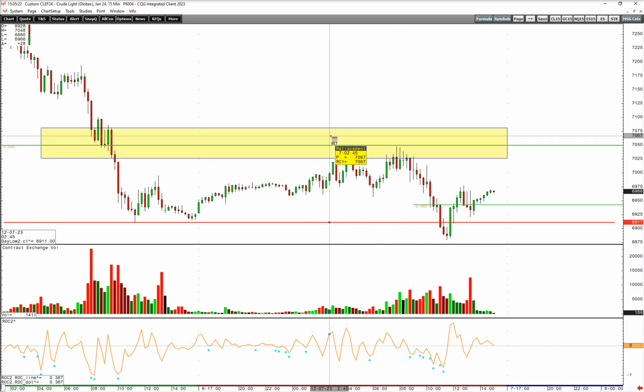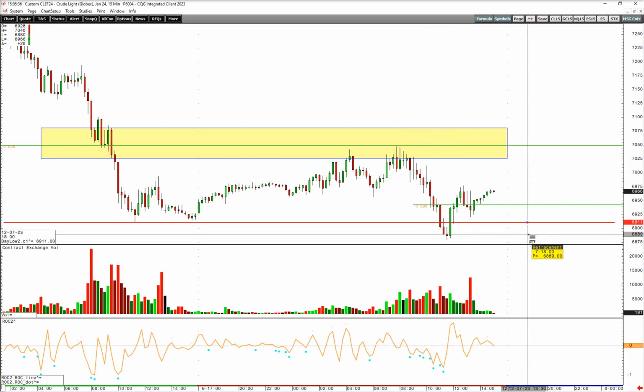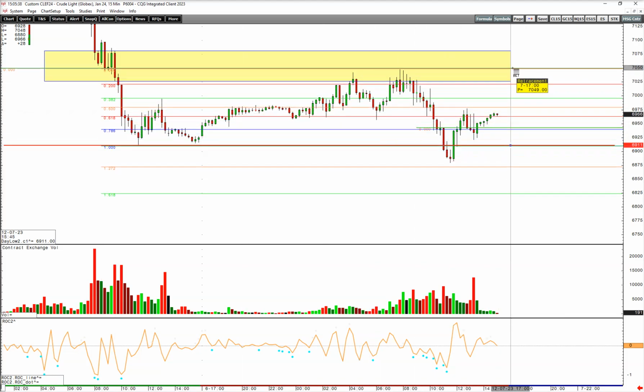But as you can see, there was ample supply from this price range where people were happy to sell again in the range of that bar when new information was received by the market. This led down to a new low, and you can roughly target the new low with a fib extension.